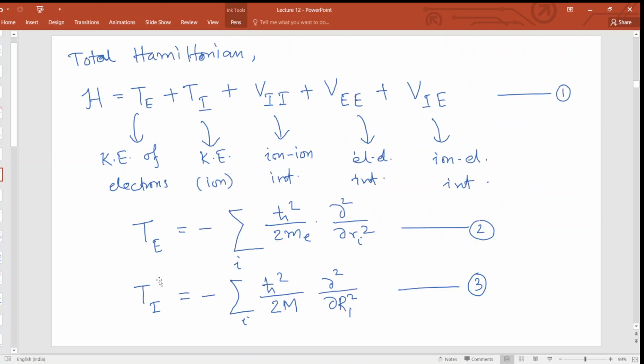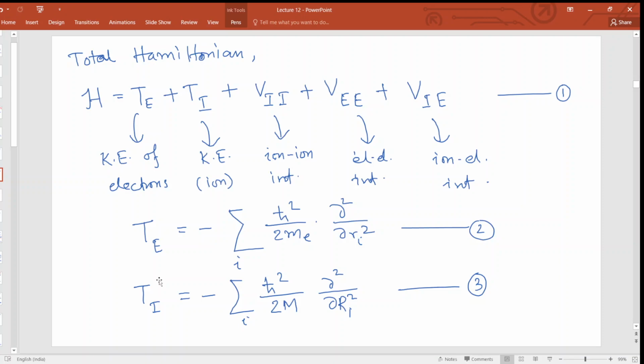Here we have considered all possible interactions existing in the system. There is kinetic energy, which has two parts, kinetic energy of electrons and ions, and then we have ionic interaction, electron interaction, and then ion-electron interaction. Then we have different forms for them.